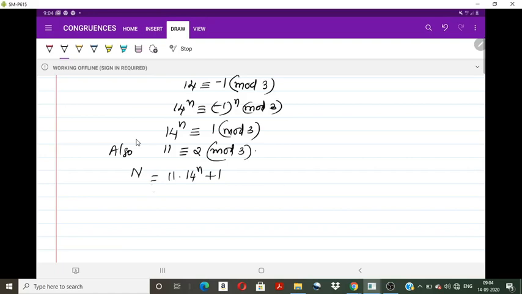Before doing this, we multiply these two congruences. By theorem, we know that we can multiply two congruences of the same modulus. So 11 into 14 raised to n is congruent to 2 modulo 3.